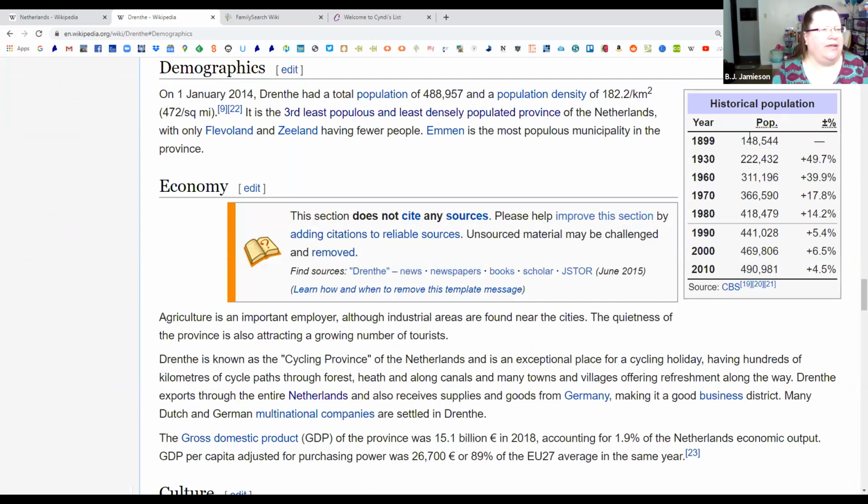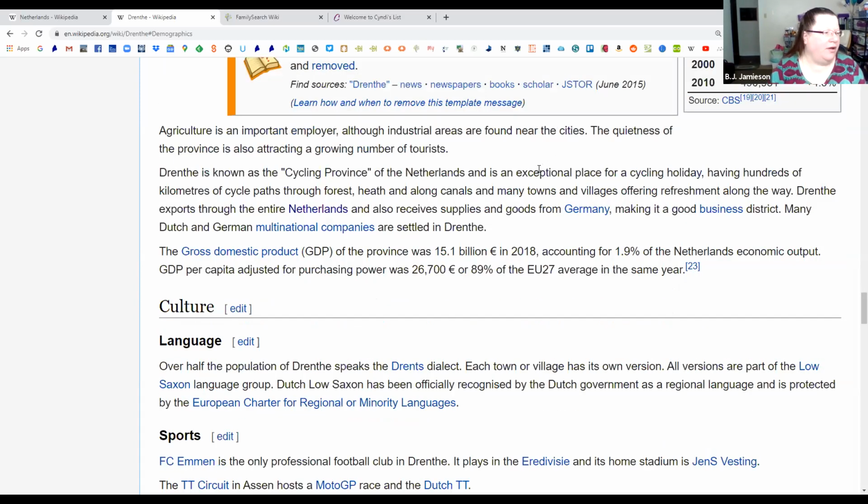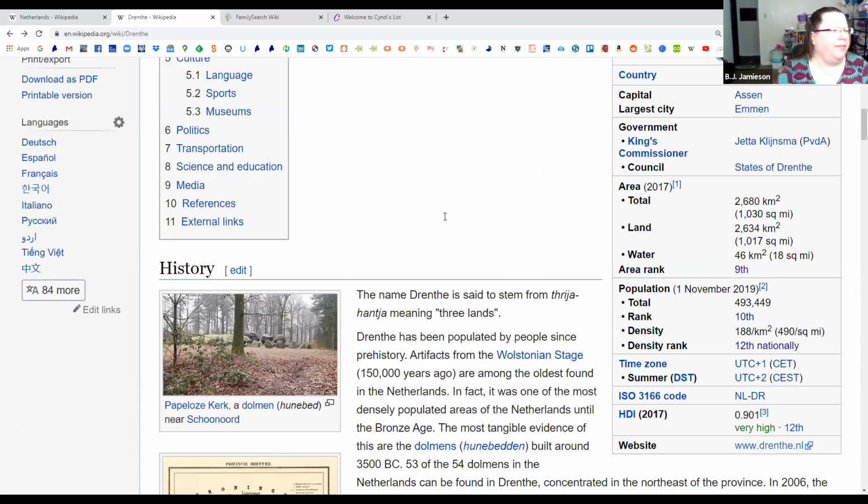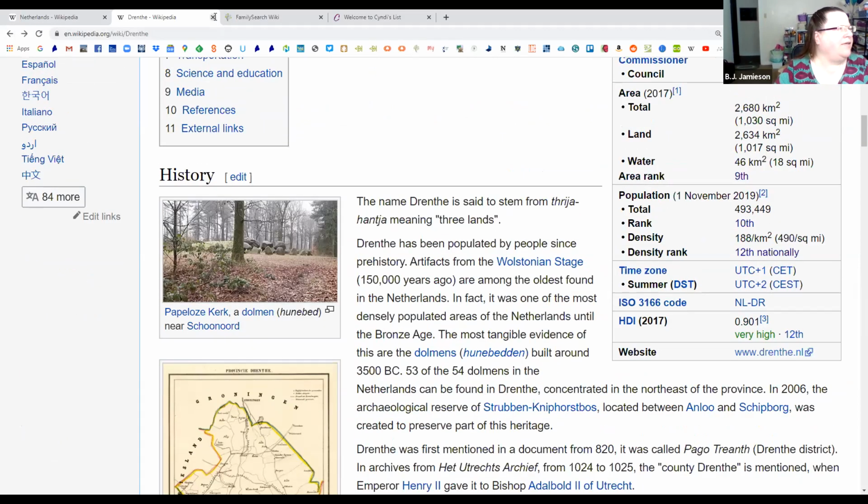Tells you the most populated city, some historical data. Sometimes the demographics will tell you the religion at the province or state level, and that there is a local dialect that you may run into issues with. But let's go back to the overall Netherlands.